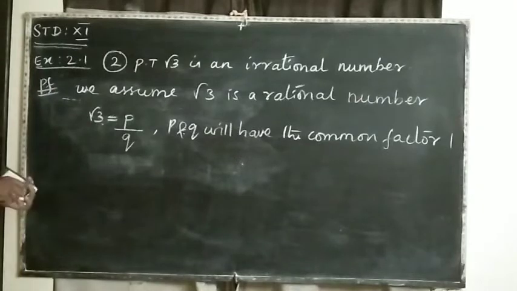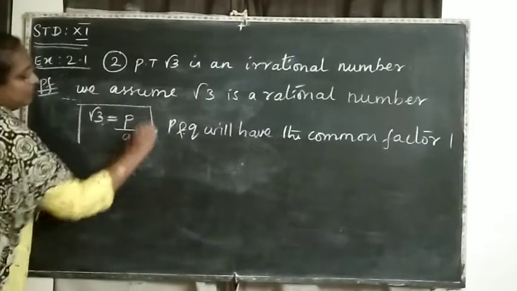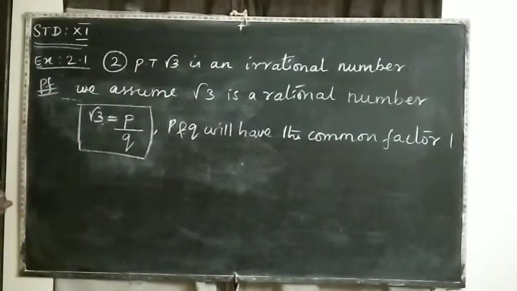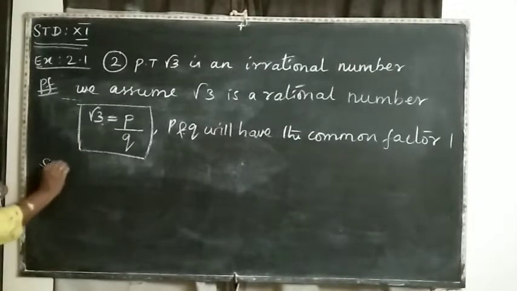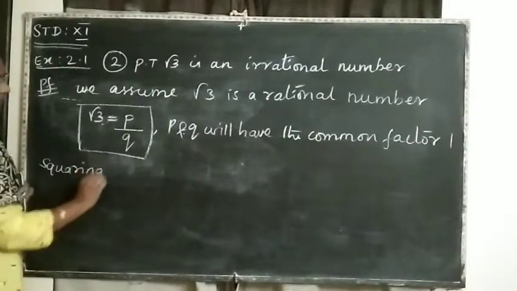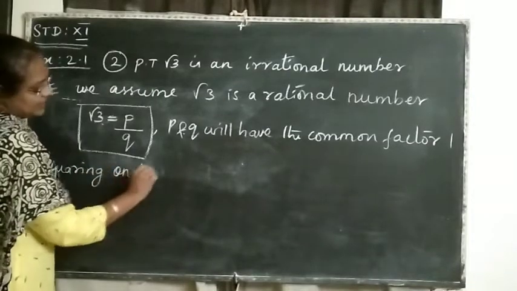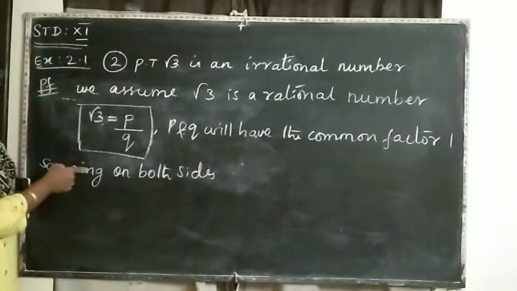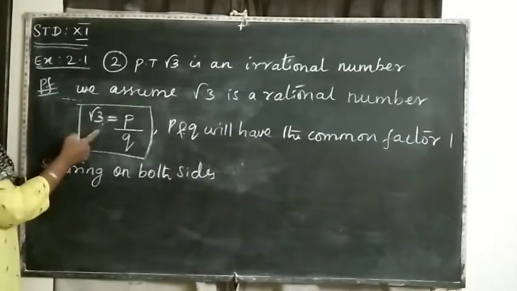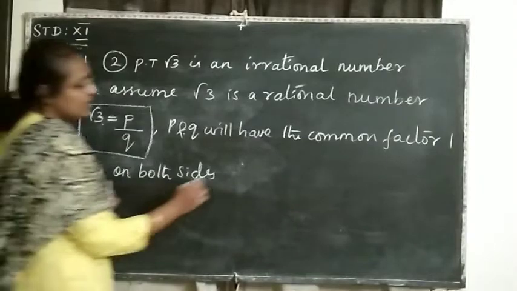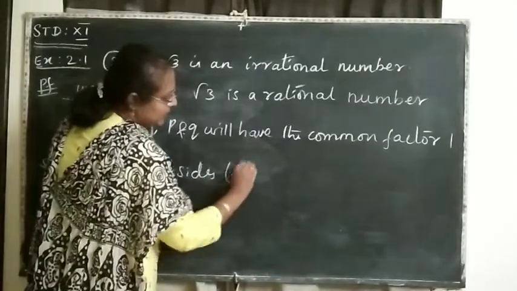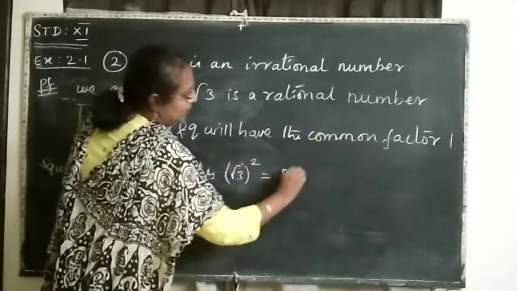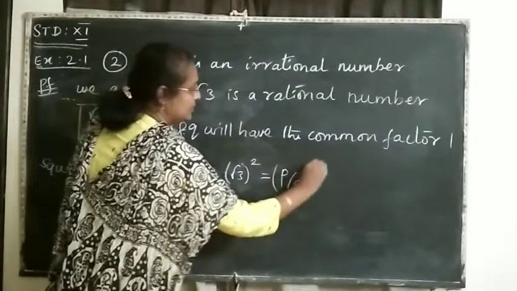Now what we are going to do: box it and keep root 3 is equal to p divided by q. Now I am going to square on both sides. When I square it on both sides, what will be the result? This will become root 3 the whole squared is equal to p divided by q the whole squared.